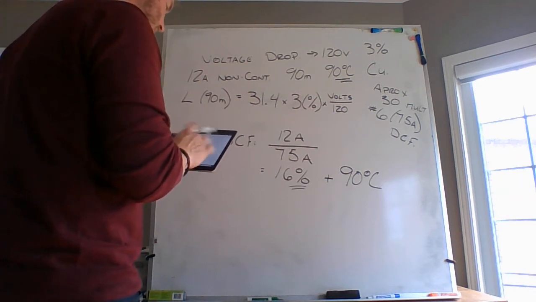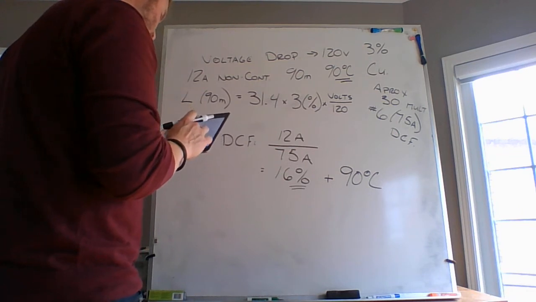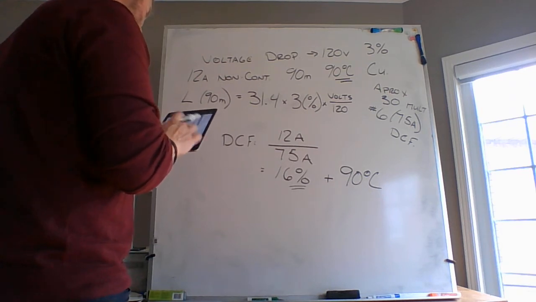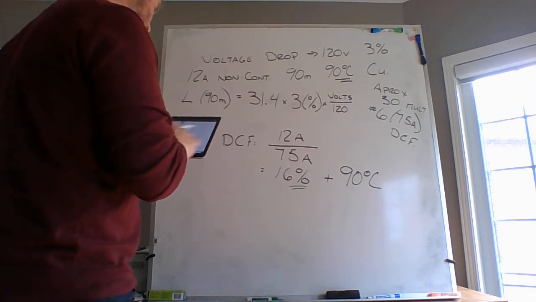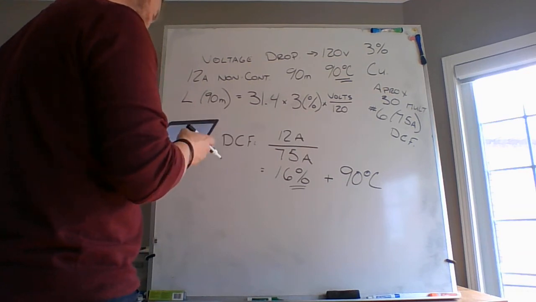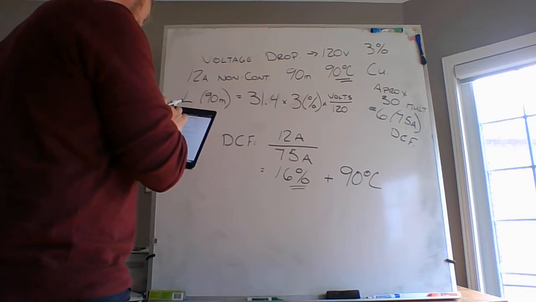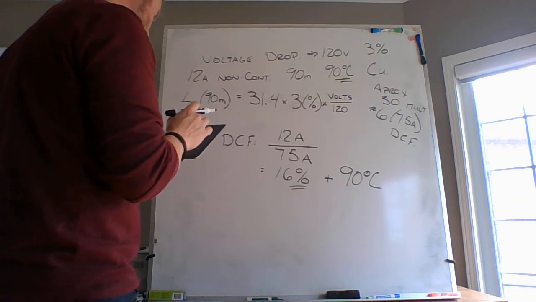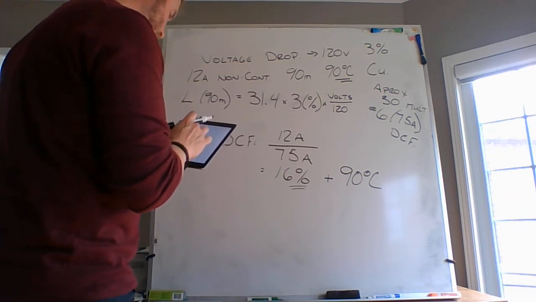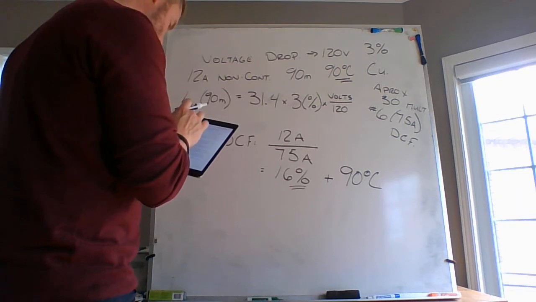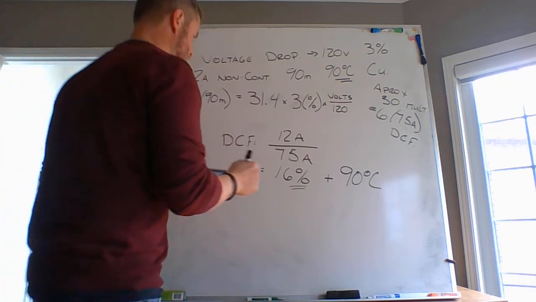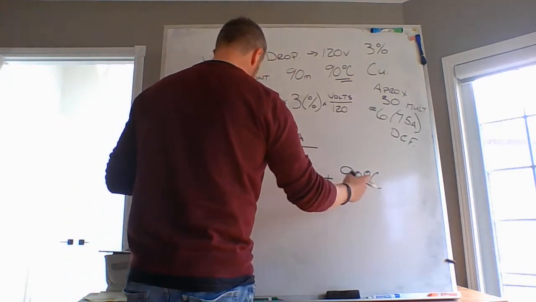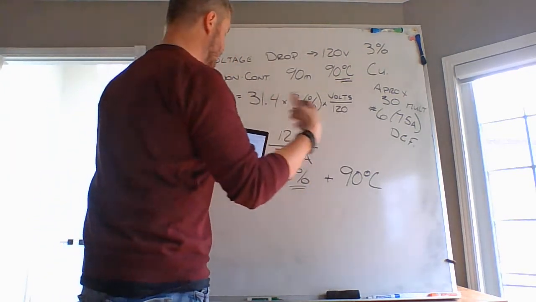Now I go back to Appendix D, Table D3, and I take this 16% and that 90 degrees Celsius installation rating of my conductors, and I go to Appendix D, Table D3.